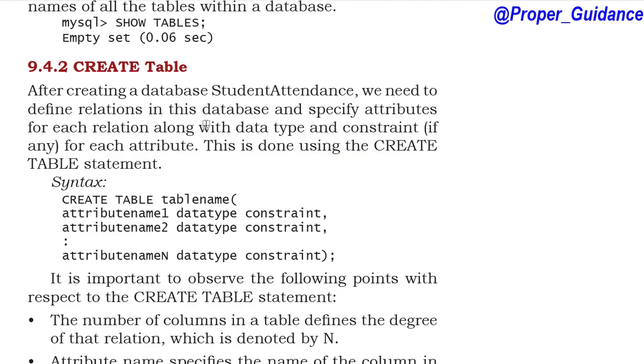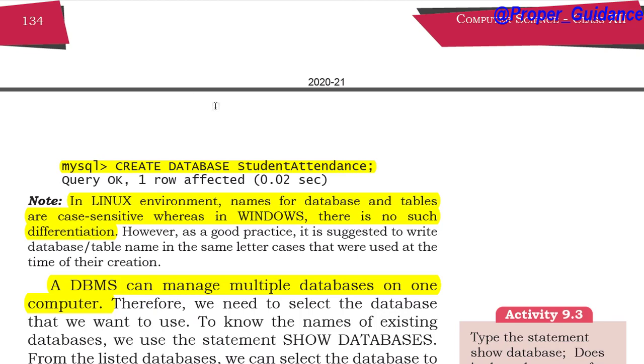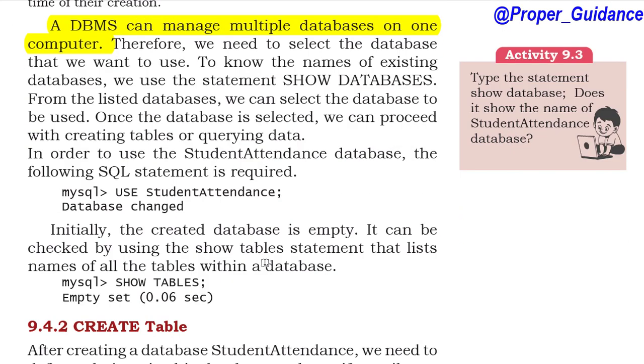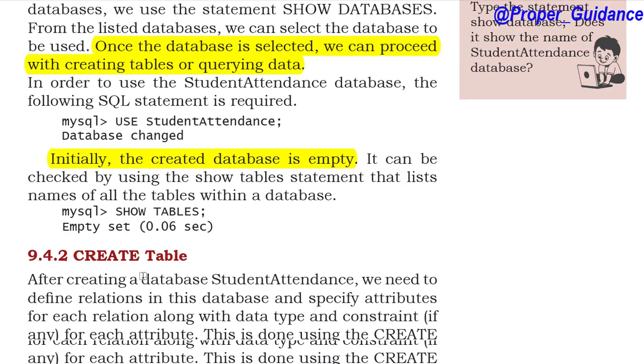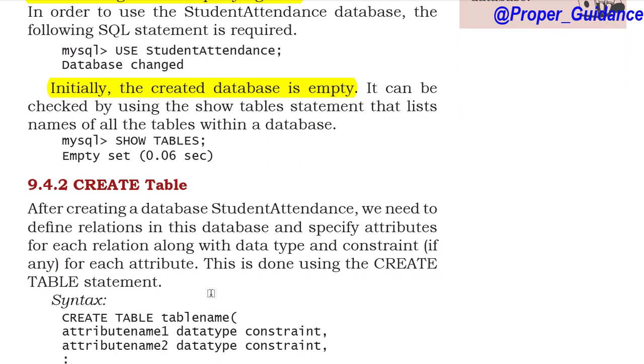After creating a database, once the database is selected, we can proceed with creating tables or querying data. In order to use the student attendance database, the following SQL statement is required. MySQL: database changed. Initially, the created database is empty. It can be checked by using the show tables statement, which lists the names of all the tables within a database.